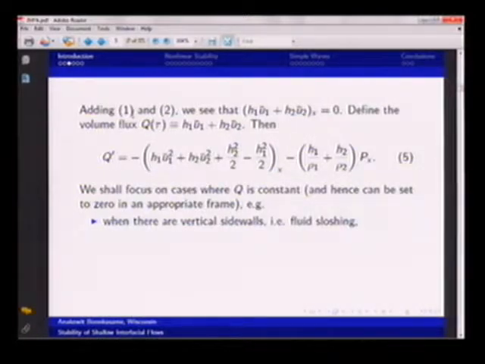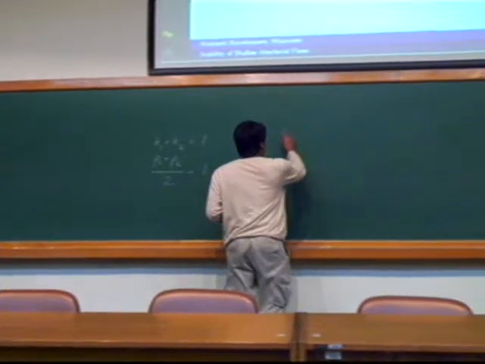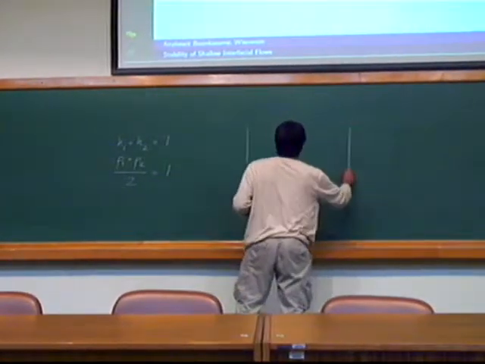I'd like to mention a few cases where my assumption is correct. The first is when there are walls on the left and the right end, like so. So you have a box of fluid, and you allow the fluid to slosh.